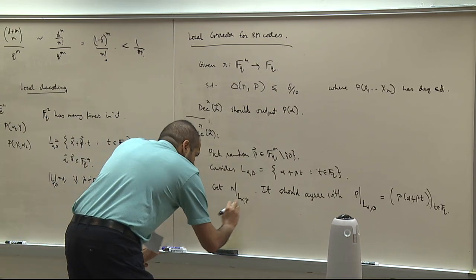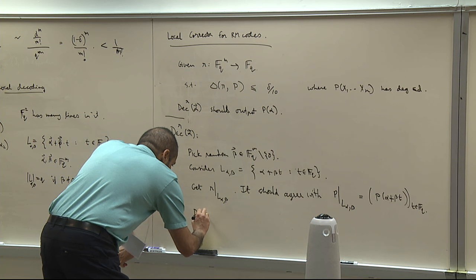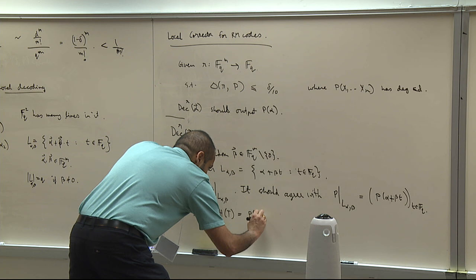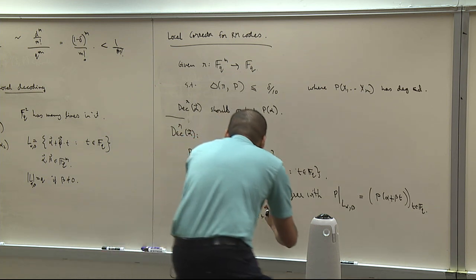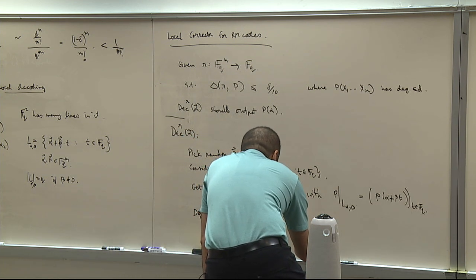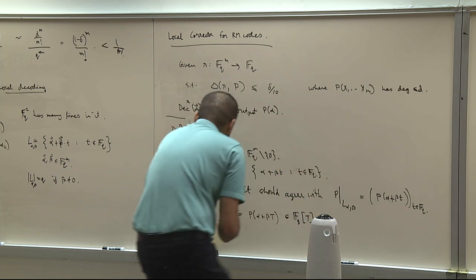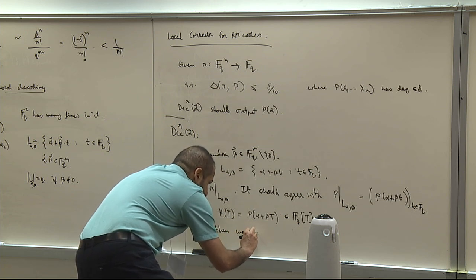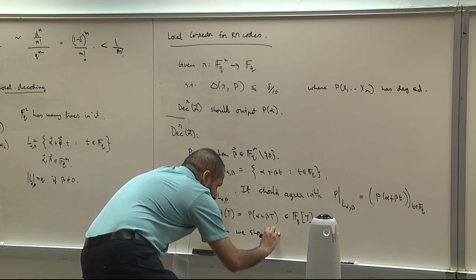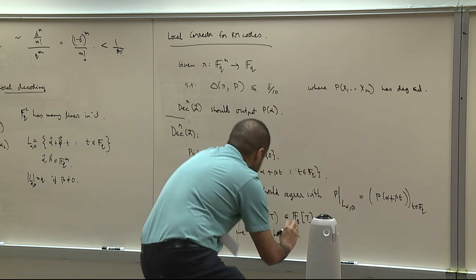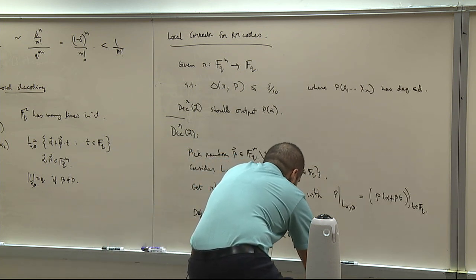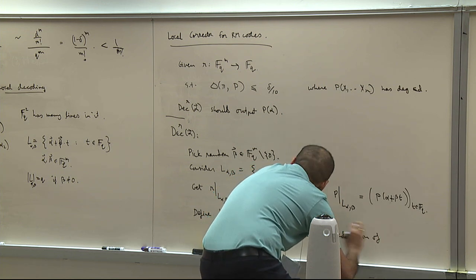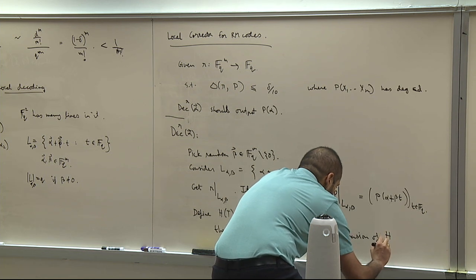So if you define h of t to be P of alpha plus beta t, where t is the formal variable, this is now just a polynomial in FQ with a single variable t, then we should have seen a corrupted version of h.